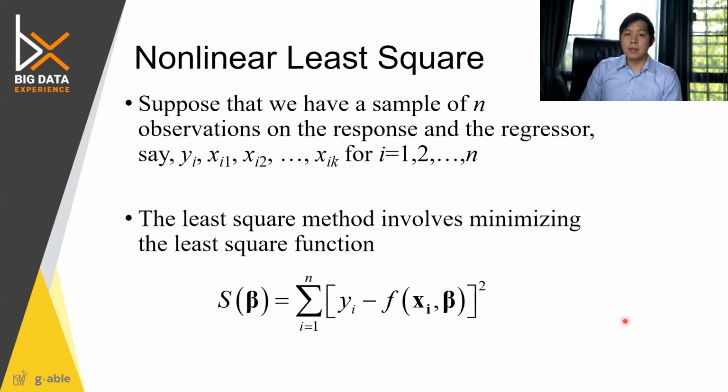Okay, in the nonlinear regression we have observation y and a bunch of x, and when we express this in terms of error, it will look like this: the error function would be the actual value minus f of the regression function, f(x, beta), and then squared.